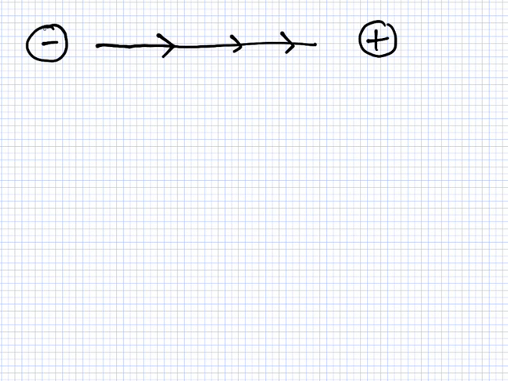So we always try and go into the positive. So if it's going to the right, we say the current's flowing to the right. This is unfortunate because, in fact, the electrons are actually going to the left in the picture.